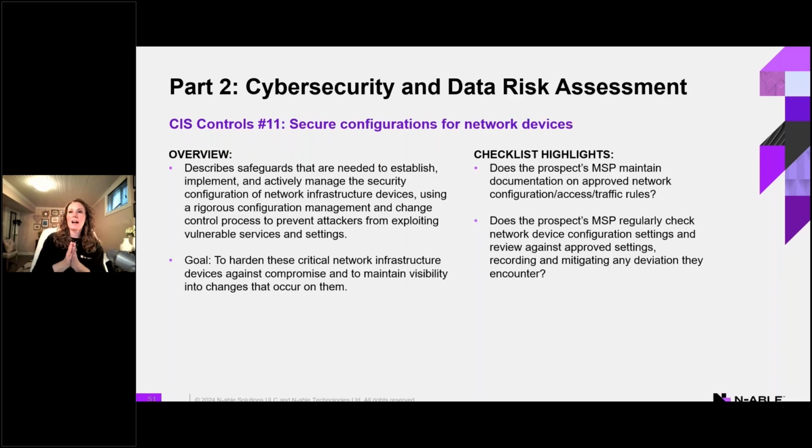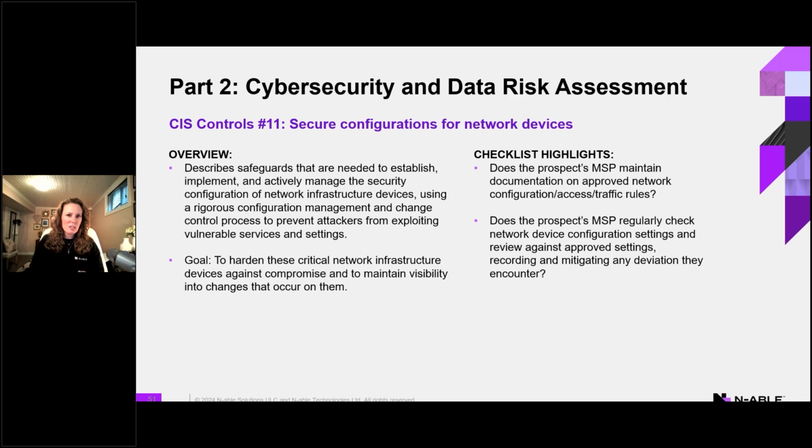So looking at the last CIS controls and how we've built that into a cybersecurity assessment checklist for you, number 11 is all around secure configurations for network devices. Here we're looking at things like firewalls, routers, switches, that type of thing.